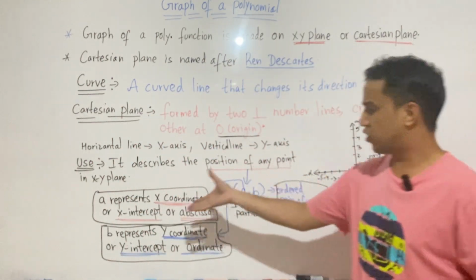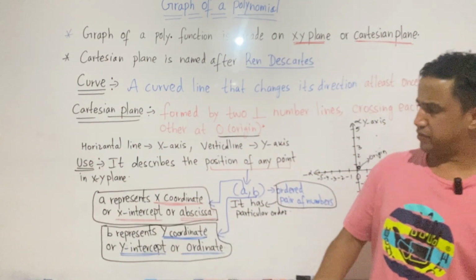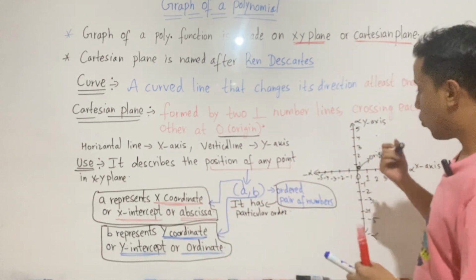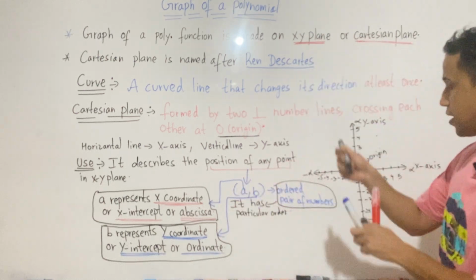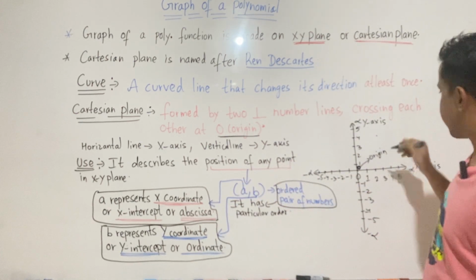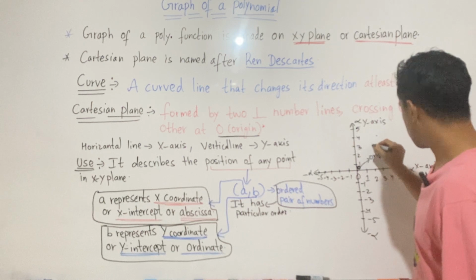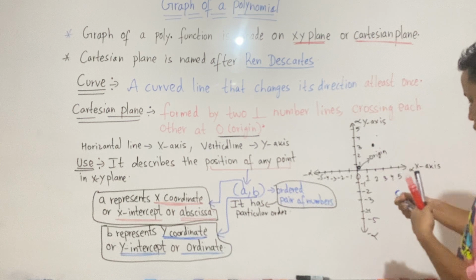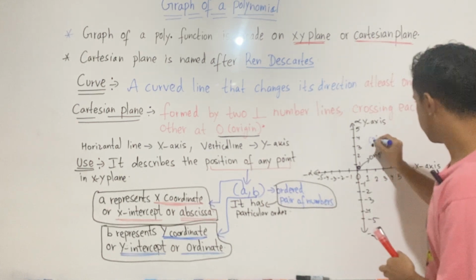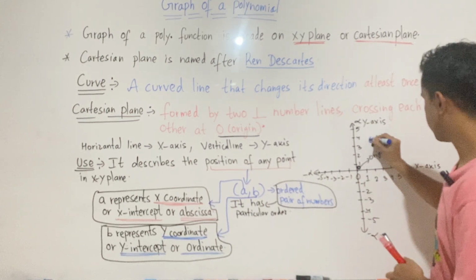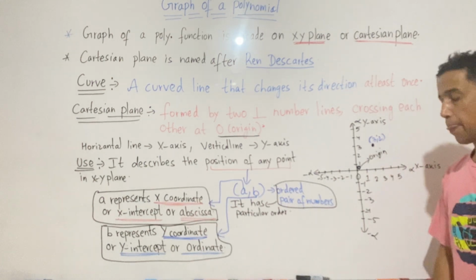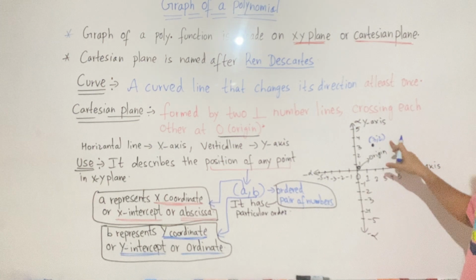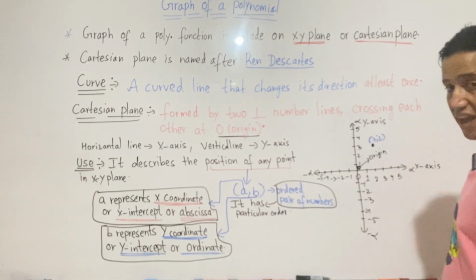Now we understand it's x-intercept, y-intercept, abscissa, ordinate, but what does it mean? When you see any point, for example, let's take the point (3, 2), 3 comma 2, on this xy plane.